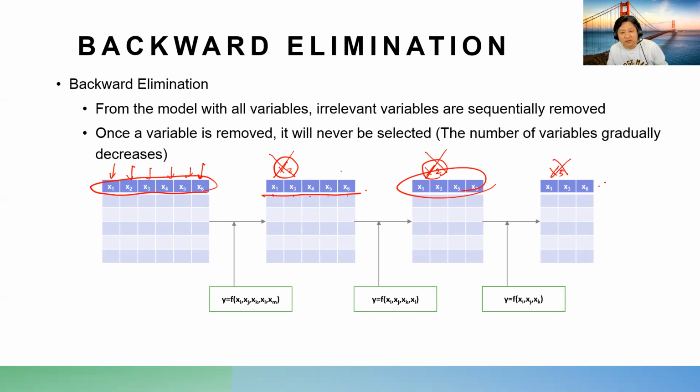And then we remove one by one, and then everything is significant and important, and then we stop. Okay, so this is backward elimination. It's the same as the forward approach: once a variable is removed, it will never be selected again. Okay. So this is backward elimination.